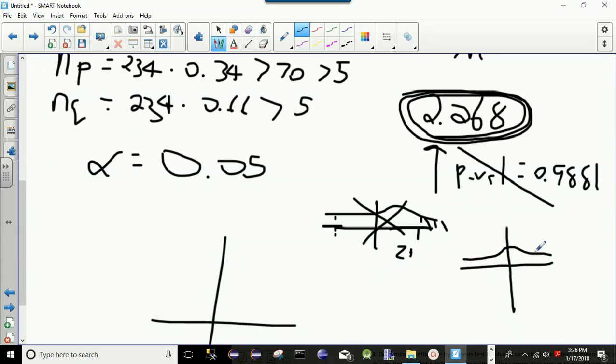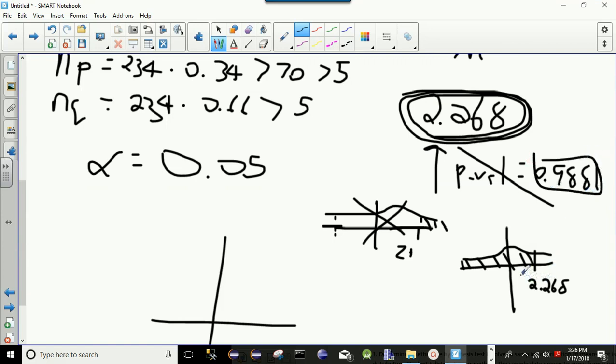So our test statistic is 2.268, and it's a right-tailed test. When we look up the probability for this, remember the probabilities in the standard normal table give you areas to the left of the z-score. So the area to the left of the z-score is this number.